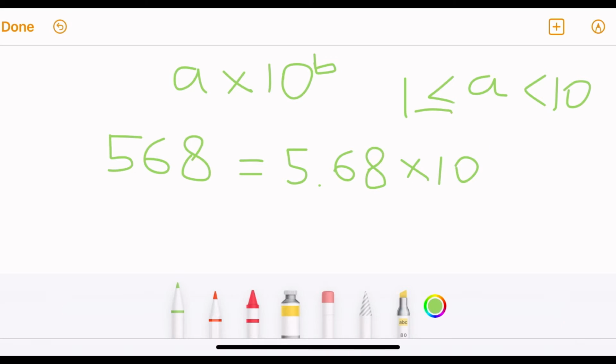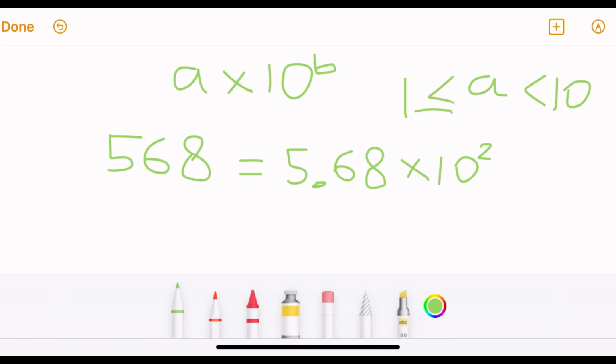Well, we will think, what shall I do to 5.68 so I can get the same answer as 568? Well, I need to multiply it by 100, right? And 100 is 10 to the power of 2, 10 squared. Therefore, the final answer is 5.68 multiplied by 10 to the power of 2. And if you were to check this, you would just do 5.68 multiplied by 100, and it is the same as 568. So this equation makes sense, and that's our final answer.